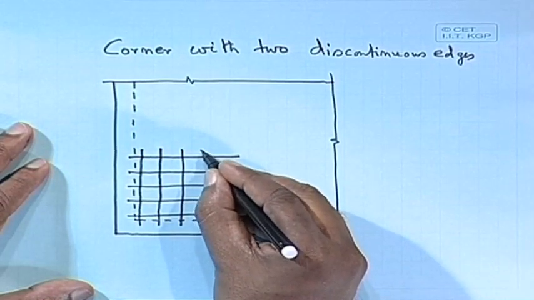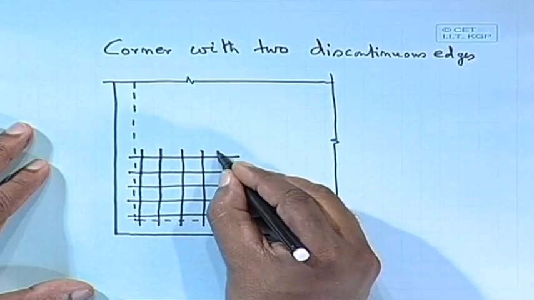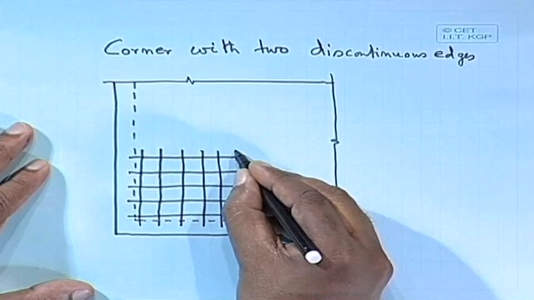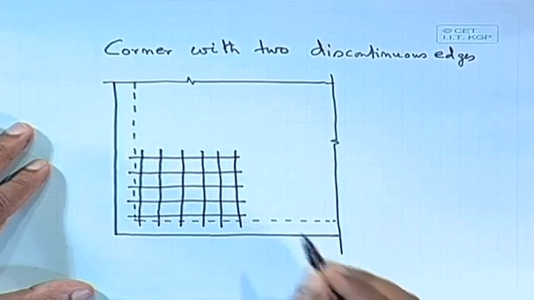So, this is the corner reinforcement we have to provide. Let us make one more here like this.